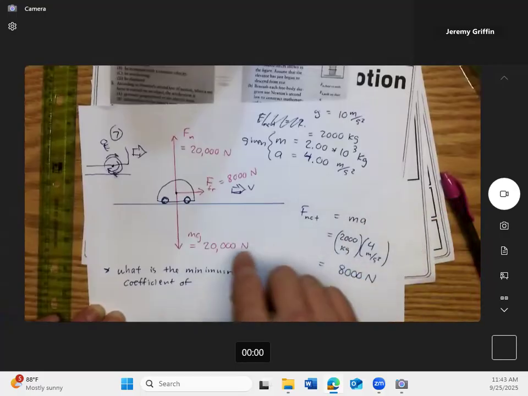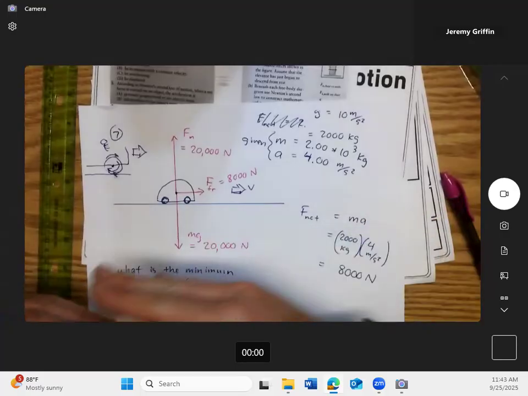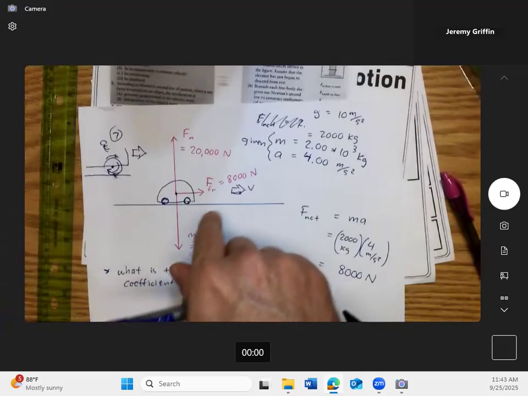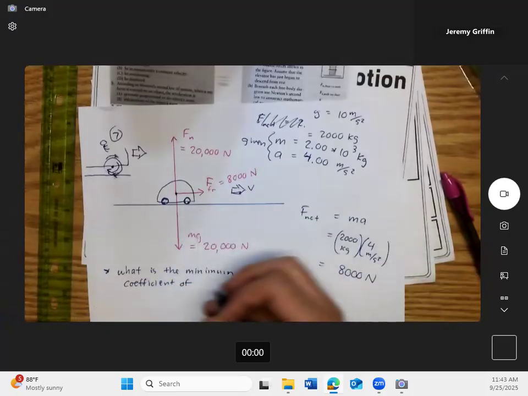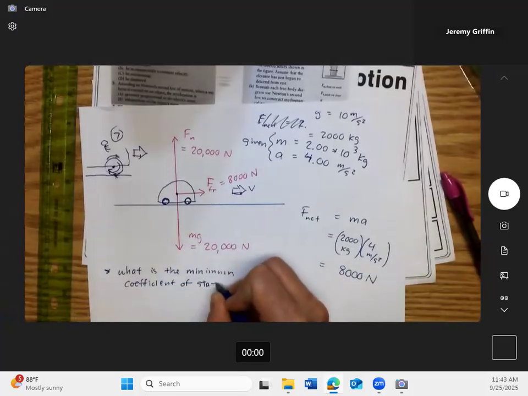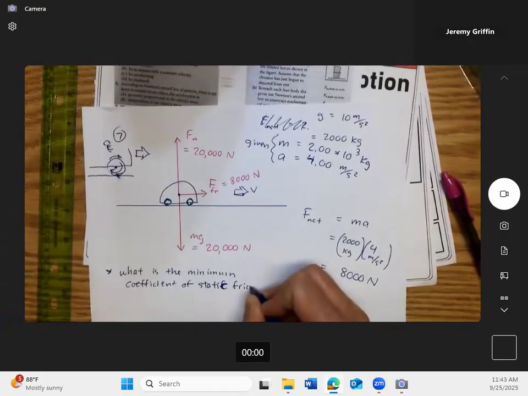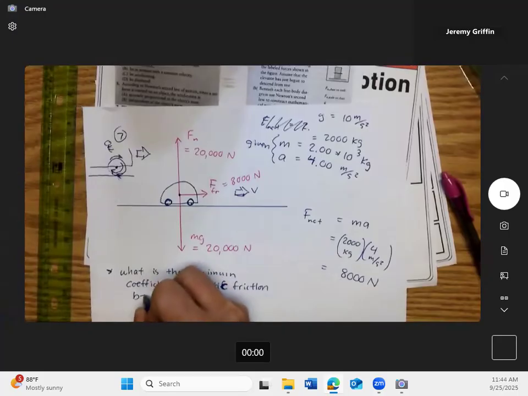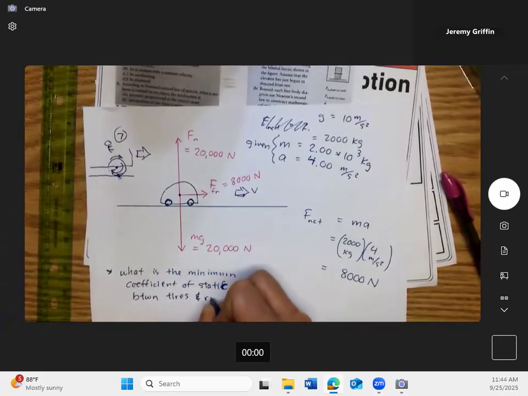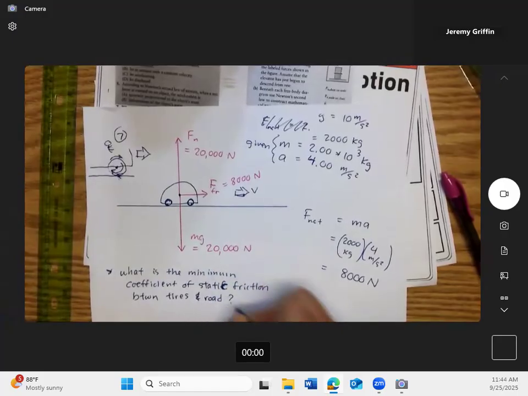Static, yes, because the wheel's trying to push against the road. If it was spinning, like burning rubber, that would be kinetic. But it's the coefficient of static friction between the tires and the road. There's my extension question right there.